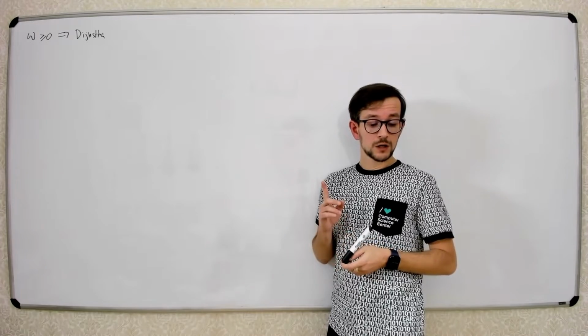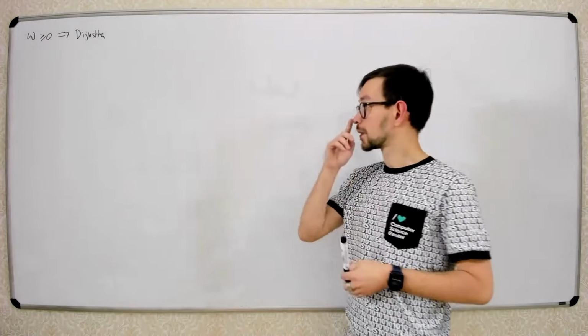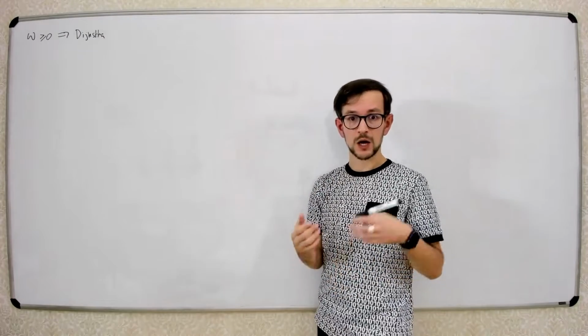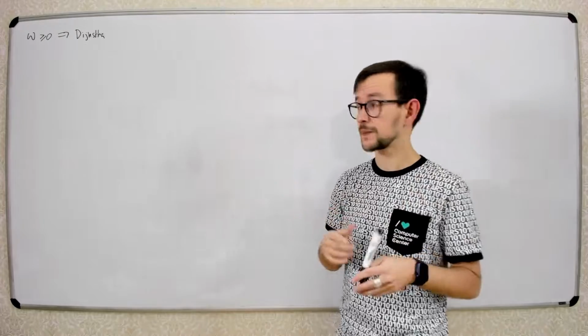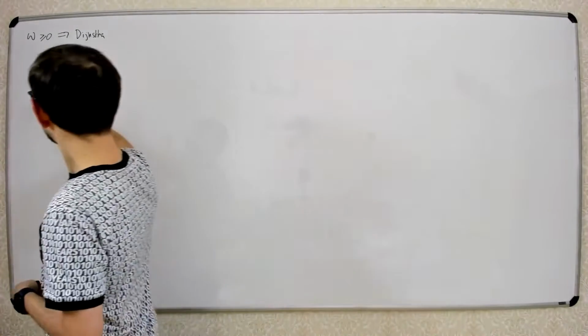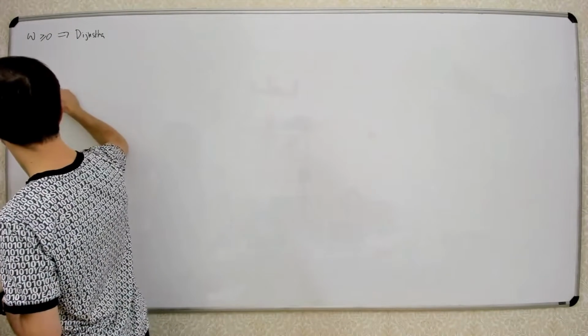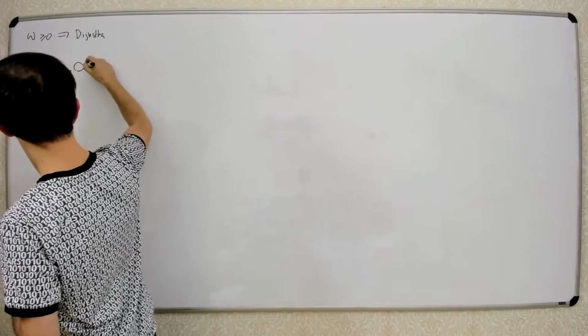Okay, so first, if you have negative weights, the first problem you can get is that you may have negative cycles. So, for example, you may have a graph like this.